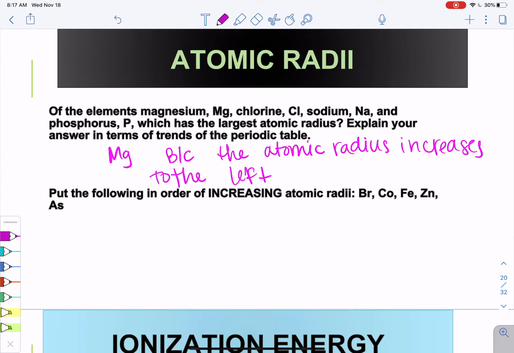And now we need to put the following in increasing atomic radius. So for increasing, the first thing I always do is write small on the left and big on the right so that I can remember that I need to go from small to big. So atomic radius, and we have bromine, cobalt, iron, and zinc. So let's go back to our periodic table.